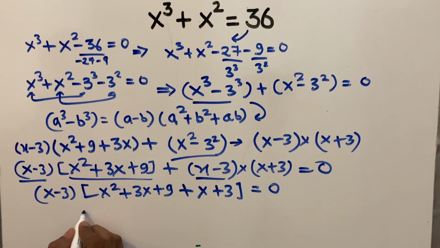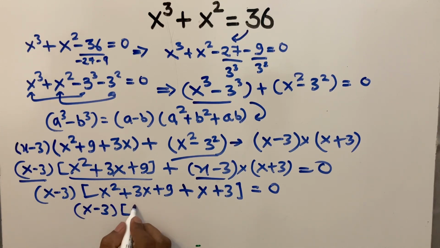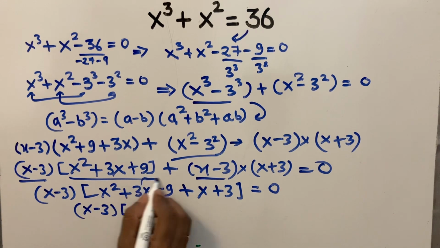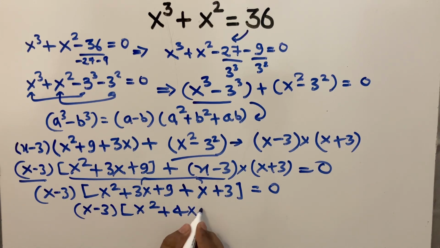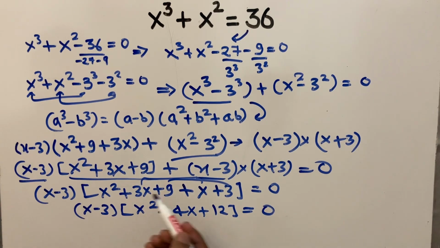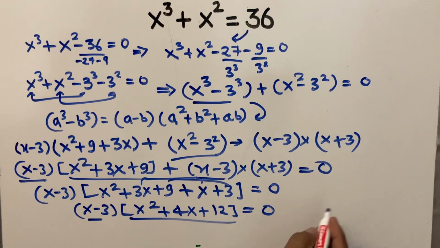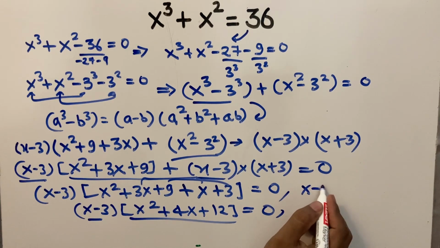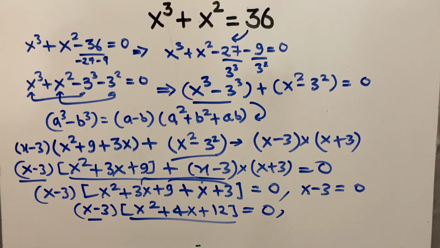This is equal to x minus 3 multiply x square plus 3x plus x is 4x plus 9 and 3 is 12 equals 0. Now to find the value of x, these two factors can be equated directly with 0. So it becomes x minus 3 equals 0 and x square plus 4x plus 12 equals 0.